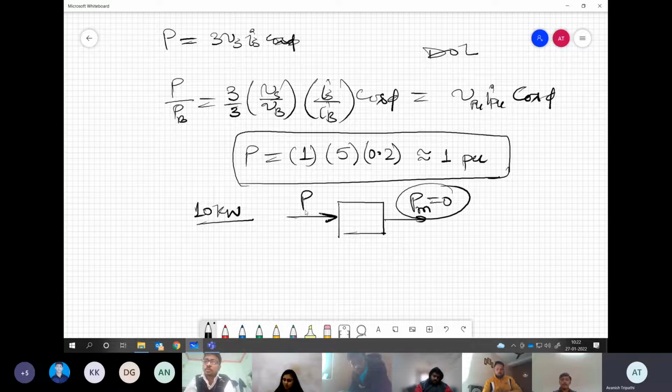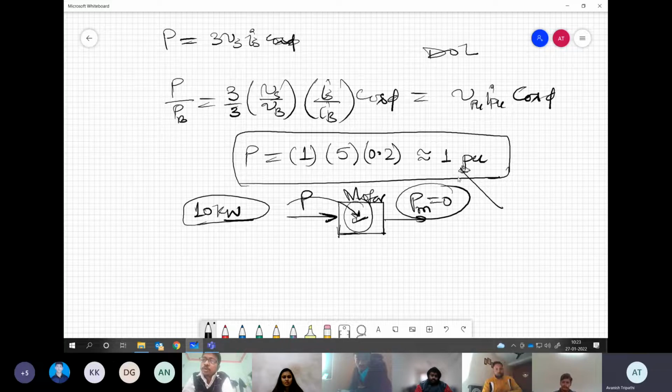So what is happening? This total power, whatever you are taking, is basically getting burnt in the motor resistances. Which means 10 kilowatt you are burning inside this motor, and which is not a small power if you see from the thermal point of view. This will heat up the motor very quickly. You understand the point? So 1 per unit power going inside the motor is not good if you don't have any mechanical output.